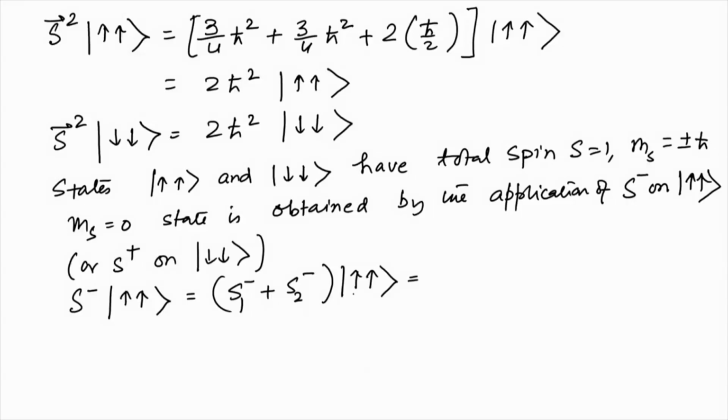These are not eigenstates of up, but it will operate on this and give me an H cross, and will give me a down up.